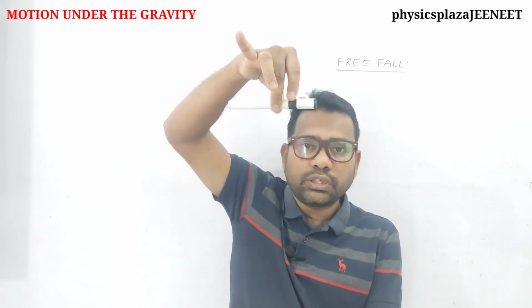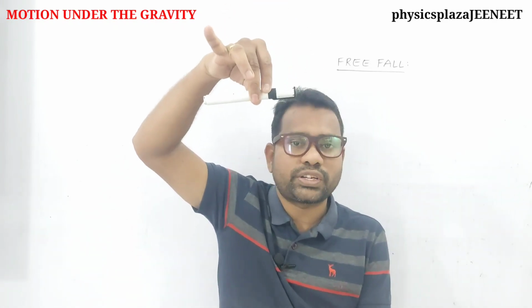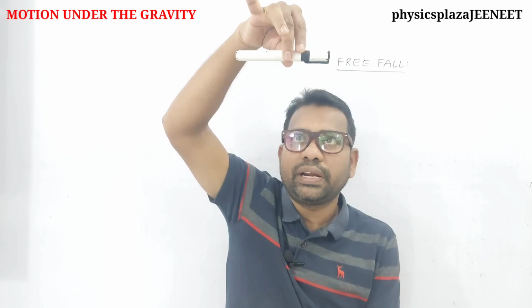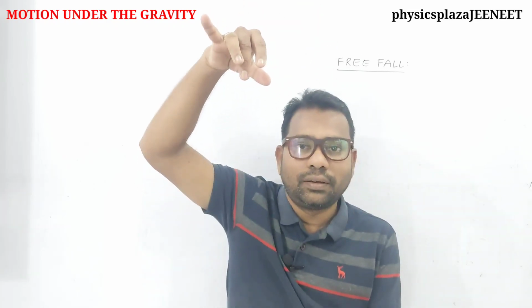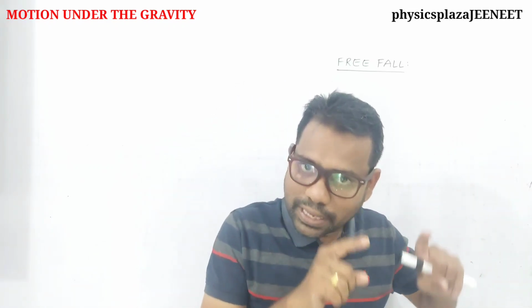Then you leave it. Initially, is somebody forcing it to move? No. The moment it is left, it is falling. But what is the reason for that? Yes, force of gravity. Because of the force of gravity, objects are moving. Such objects are called freely falling objects.